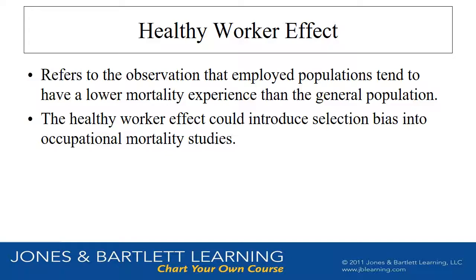The healthy worker effect could also introduce selection bias into studies about occupational mortality. This is just one example of a type of bias that could occur as a result of a study design and a selection of the population.